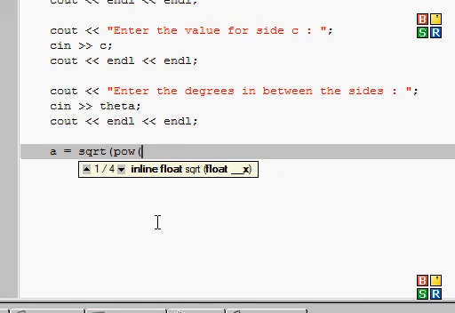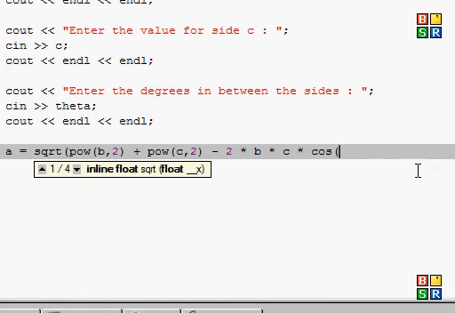So power b squared plus power c squared minus 2 times b times c times cosine.